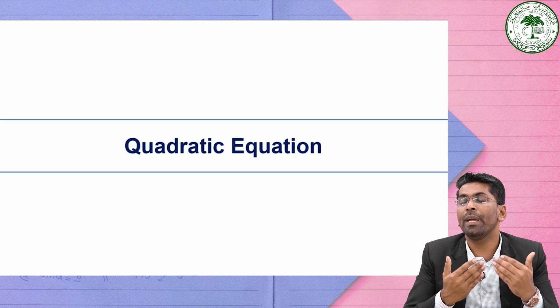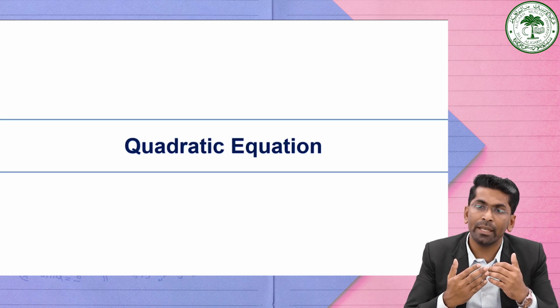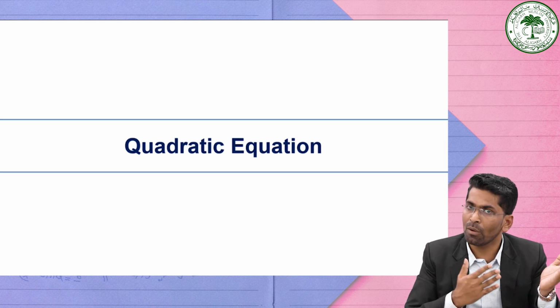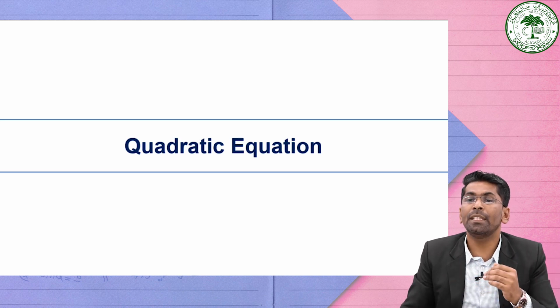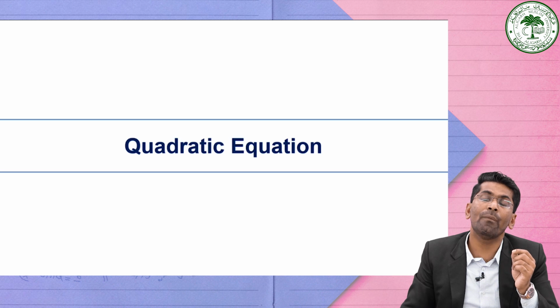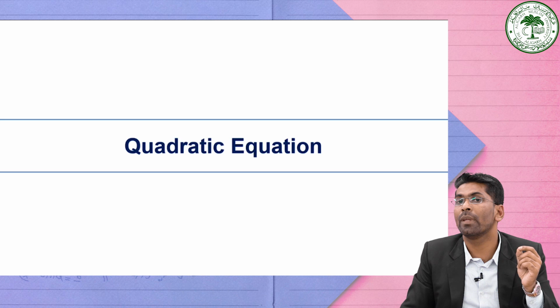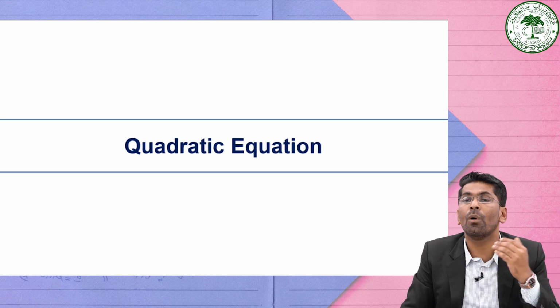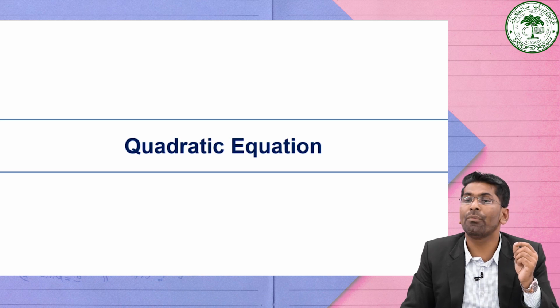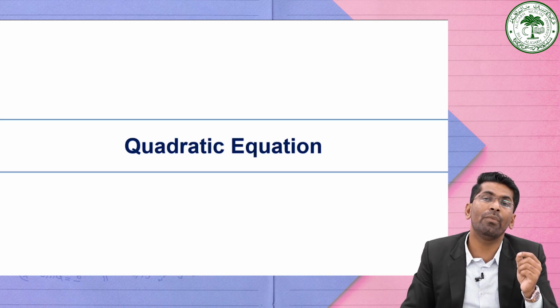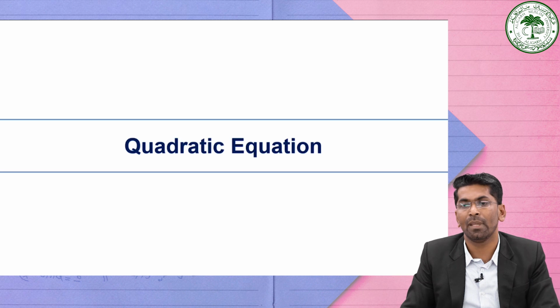The degree of the variable in a linear equation is 1, which means that each variable has a power of 1 only. And a linear equation forms a straight line when you plot it on graph paper, which means that the graph of a linear equation is always a straight line.